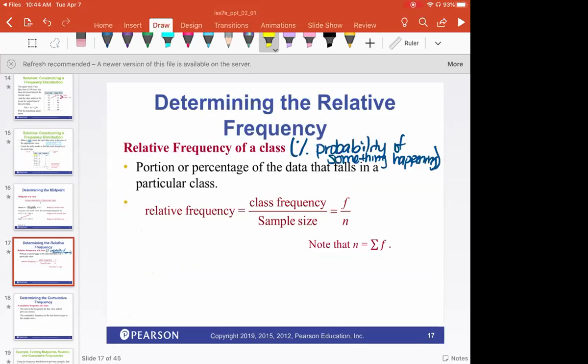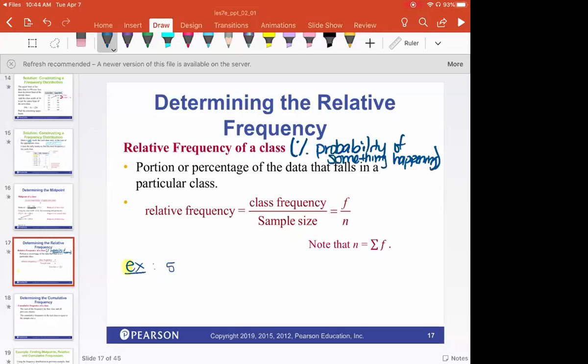The relative frequency of a class. The portion or percentage of the data that falls in a particular class. So I also like to call this, and you have this in parentheses here, the percent of something happening. So remember, to go from percent to decimal, you move the decimal over twice, right? So a quick little example.